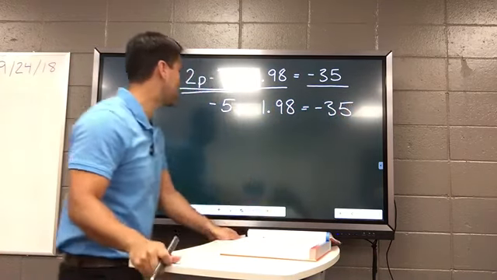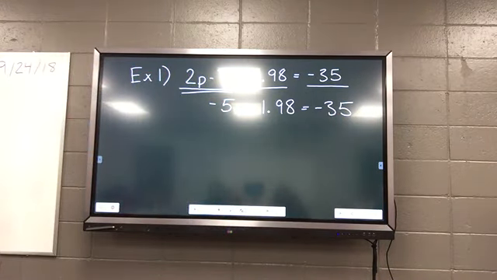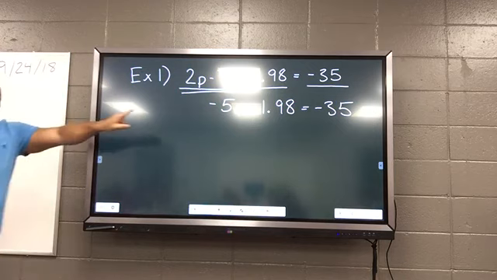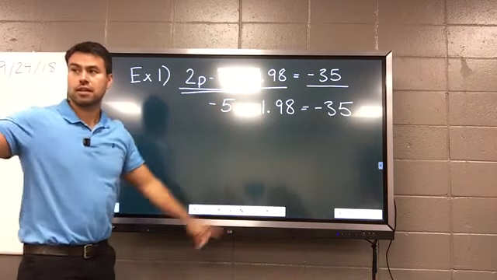So that's what my equation becomes. Still the same because I just combine like terms. All right, great. All right, what's happening to p? First it's being multiplied by negative 5 and then subtracted with 1.98. So what do I deal with first? Yes, ma'am?